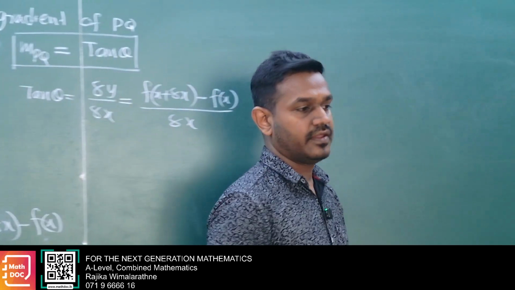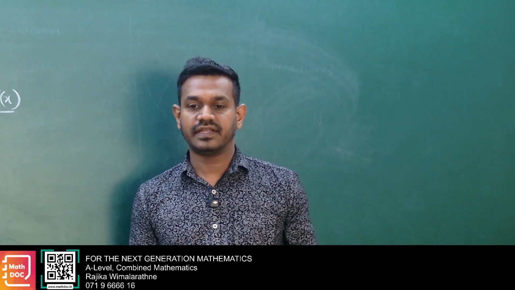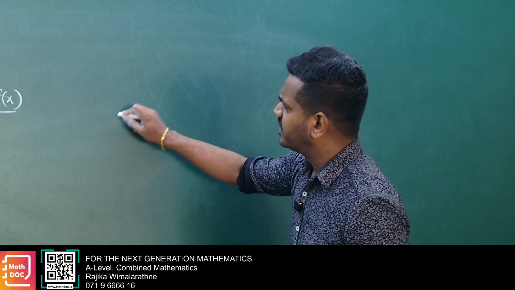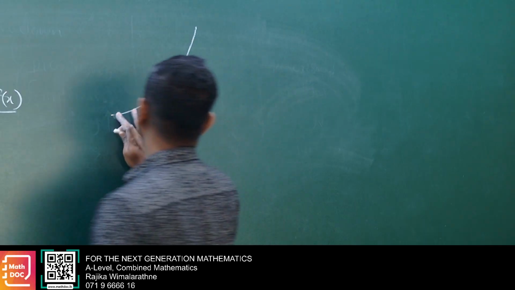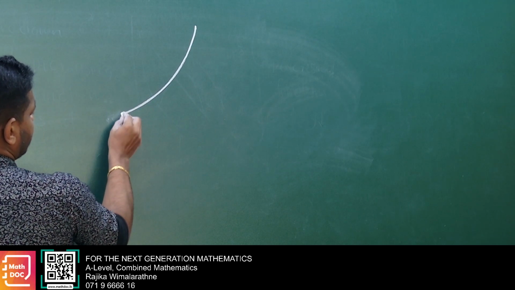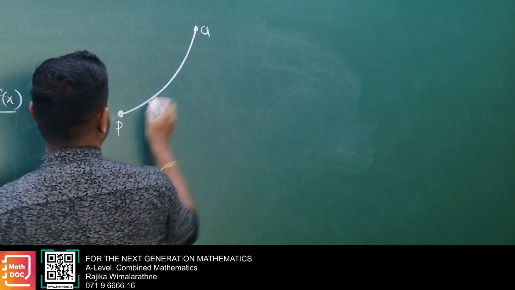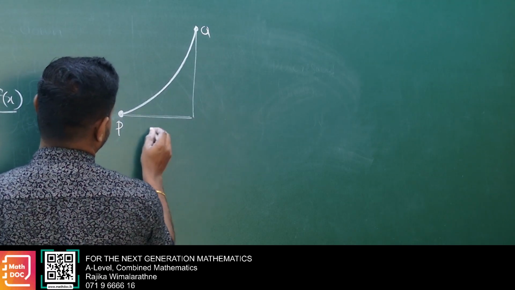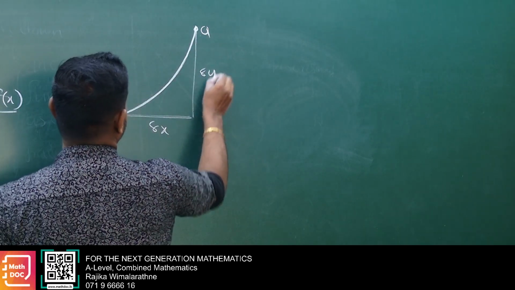Okay. If you have doubt on this concept, see this one. Consider this curve. Here is the point P, here the point Q, here the increment delta x, here the increment delta y.